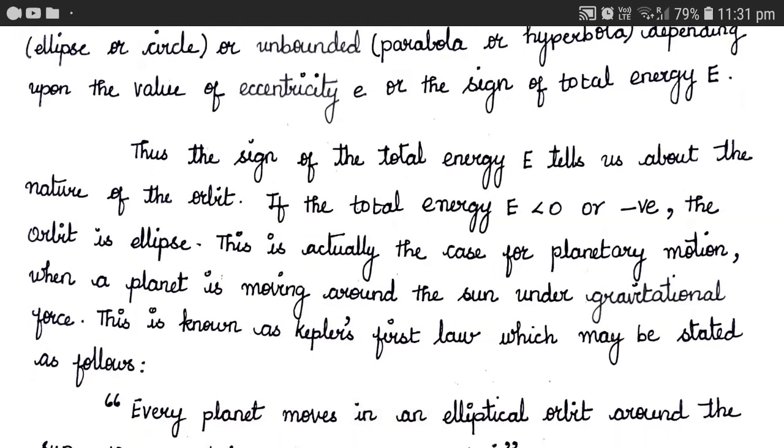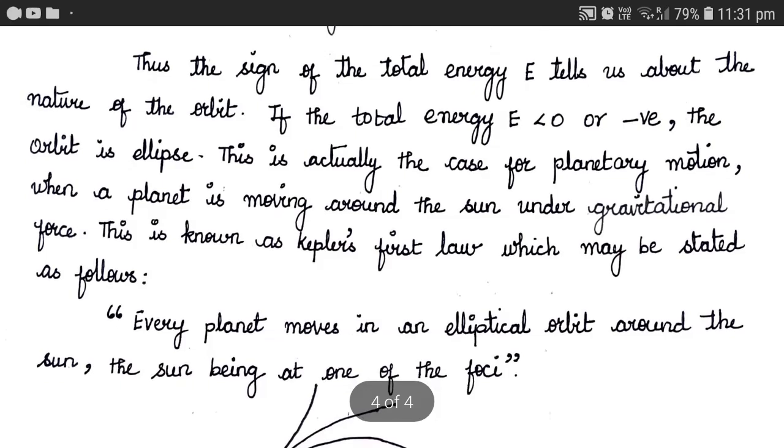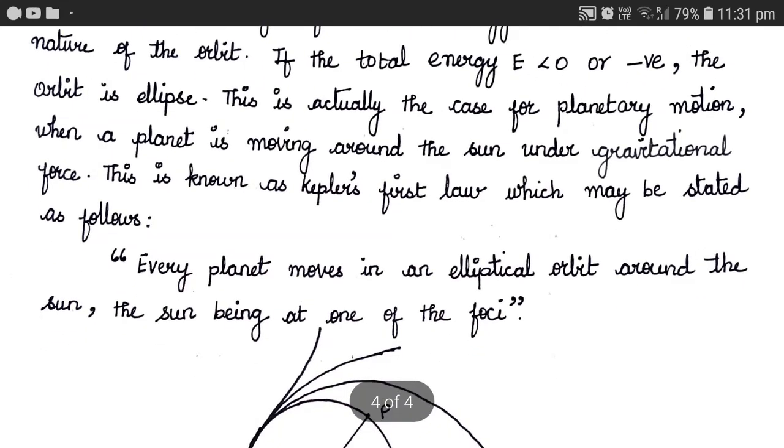Above all, the sign of the total energy will give us the nature of the orbit. If the total energy is less than 0 or negative, the orbit is an ellipse. This is actually the case of planetary motion. So when a planet is moving around the sun under the gravitational force, it takes an elliptical path.